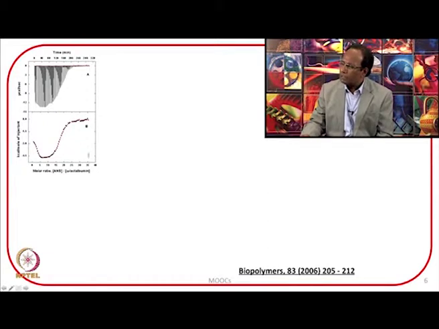How to interpret this kind of profile? It is not a single sigmoidal kind of profile, but it shows a few variations. For example, initially the interaction is towards the more exothermic side, and then there is a change and it goes towards zero, that means towards the saturation of binding sites.